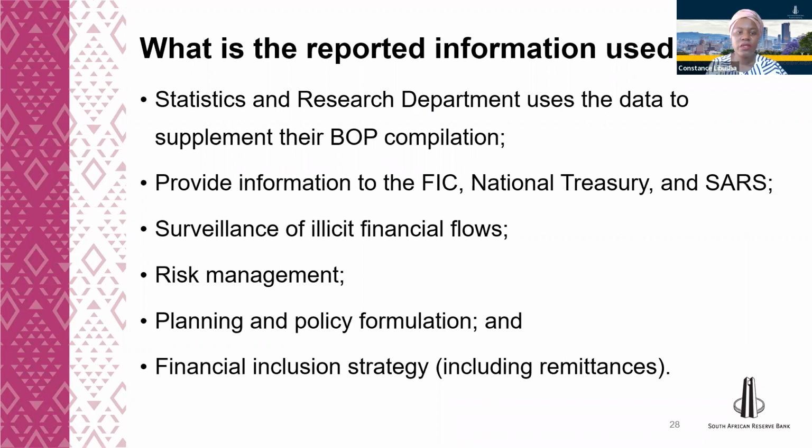It's mostly used, obviously, by our statistics and research department as part of the BOP compilation. They have many sources for the BOP compilation, and this is one of them. We also provide information to our Financial Intelligence Center, the National Treasury, as well as SARS.